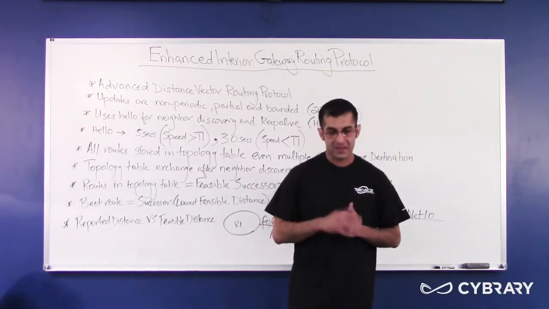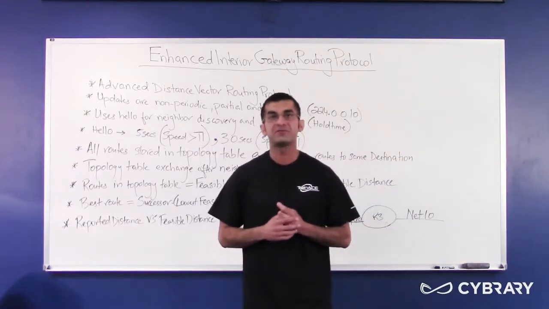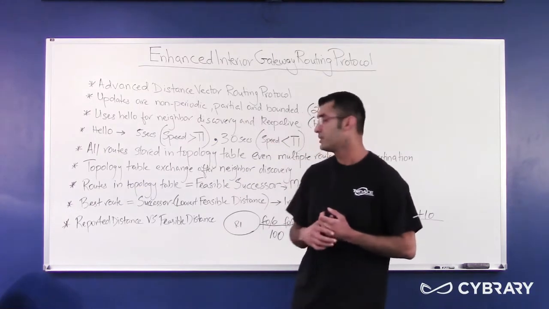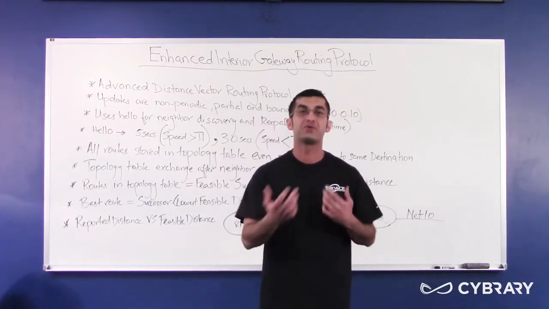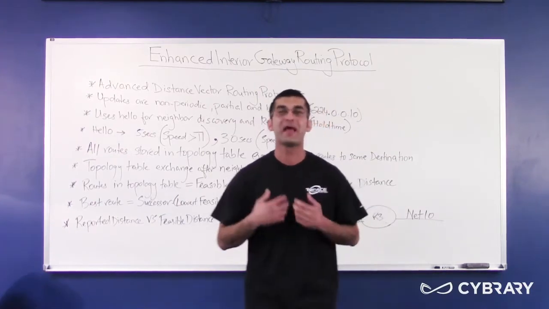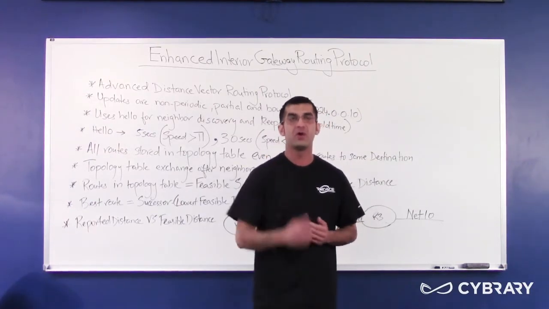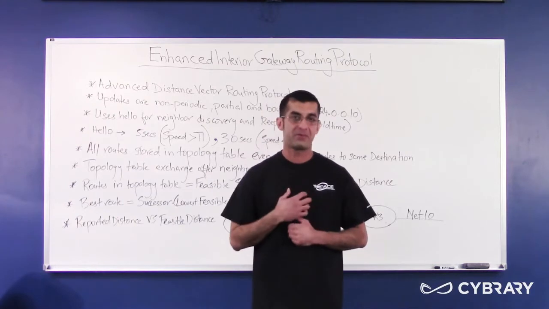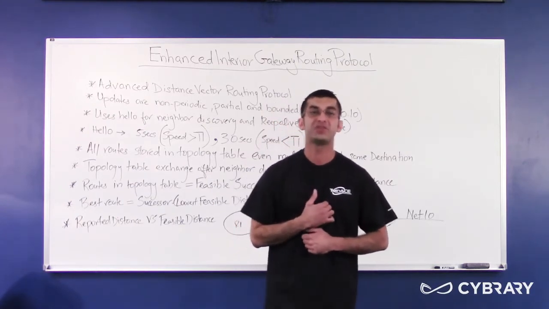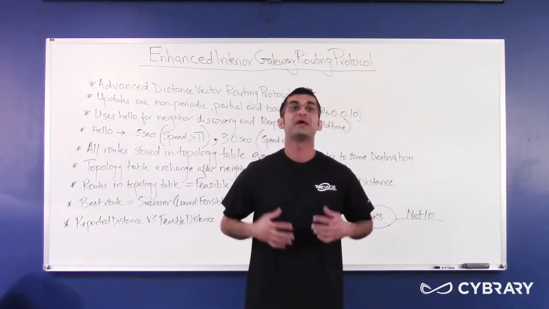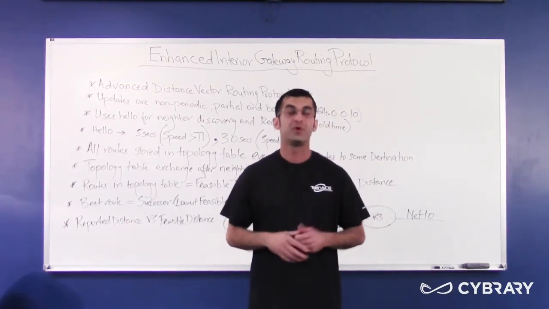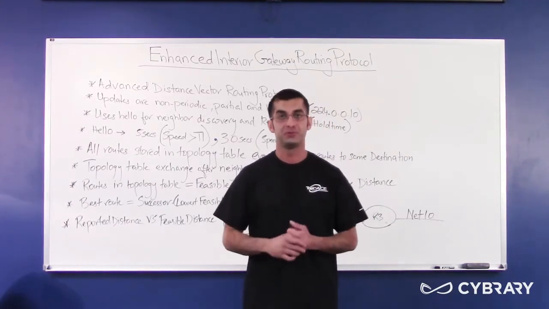One point, backing up for a minute: all these routes are stored in the topology table, and the topology table exchange occurs after I have discovered my neighbors through the hello message. So when I send my neighboring router a hello, and I receive a hello back from my neighboring router, I will go ahead and exchange the contents of my topology table with my neighboring router, so that it learns all the routes too.